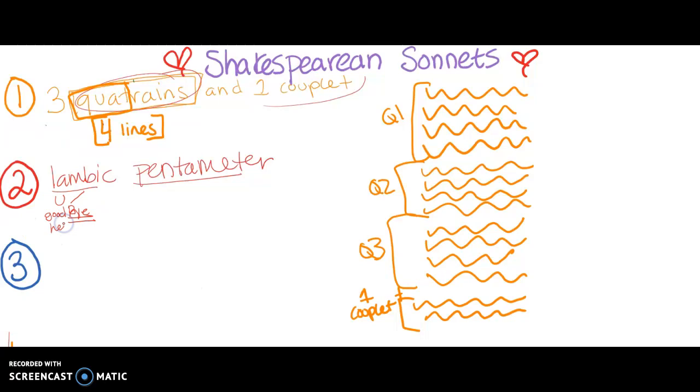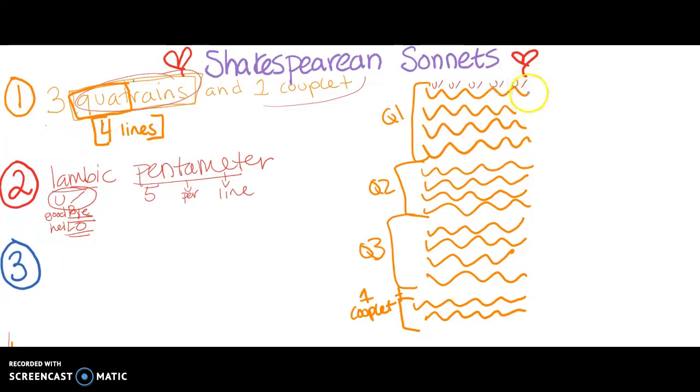This also is true in the word hello. Hello, how are you? We stress the second part of the word. It's very common in English. So, iambic means kind of a group of syllables that goes unstressed, stressed, and pentameter means 5, really, per line. So we have 5 iambics per line. Each line goes unstressed, stressed, unstressed, stressed, unstressed, stressed, unstressed, stressed, unstressed, stressed.